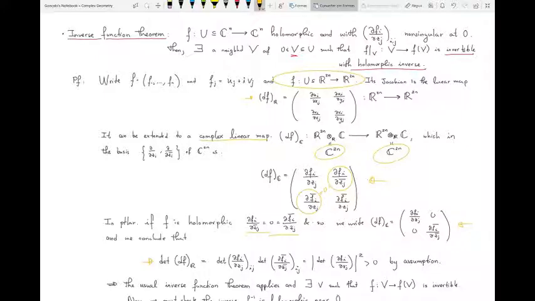Here we look at the determinant, and using this formula that I alluded to before, the determinant is just the product of the determinants of these two matrices, but one is the complex conjugate of the other, so that's the norm squared of the determinant, which is greater than 0 by assumption, and therefore we can apply the usual inverse function theorem. Okay, so that is true.